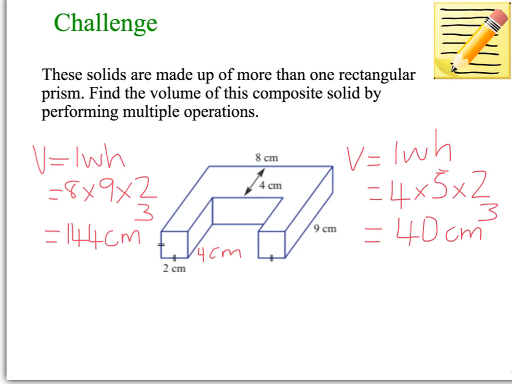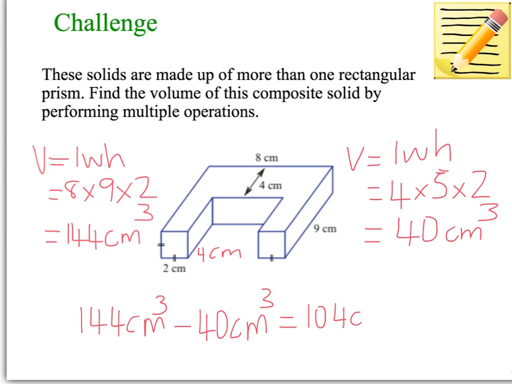Now we need to take 40 centimeters away from 144. So 144 centimeters cubed, take away 40, equals 104 centimeters cubed. I've run out of room to write my therefore. Therefore, the answer is 104 centimeters cubed.